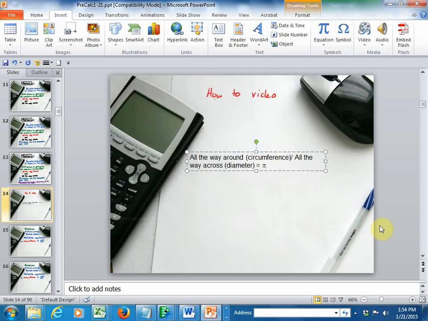Is equal to pi. Well, what if all the way across was 1? Let's say it was 2. All the way across was 2.